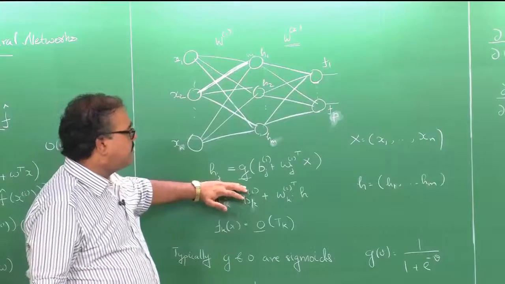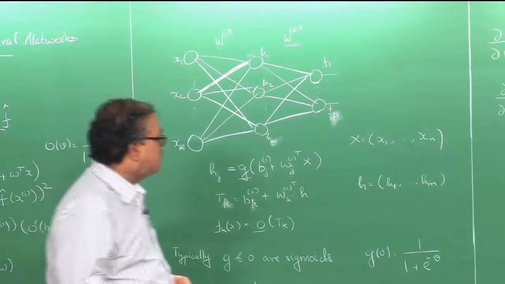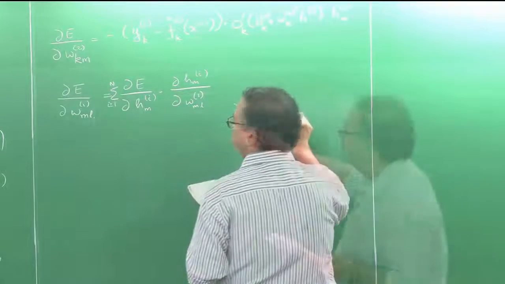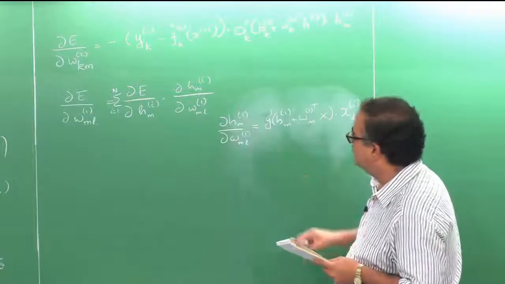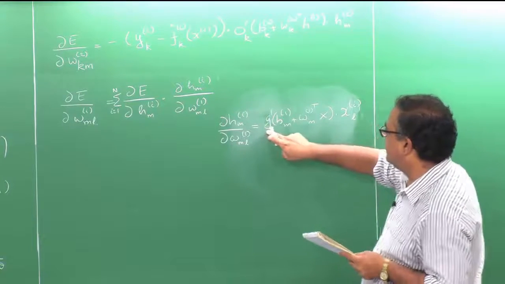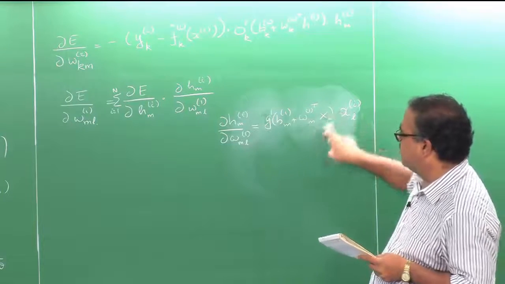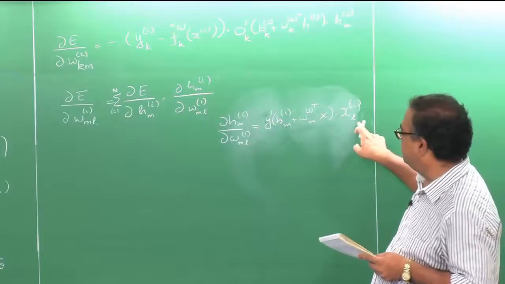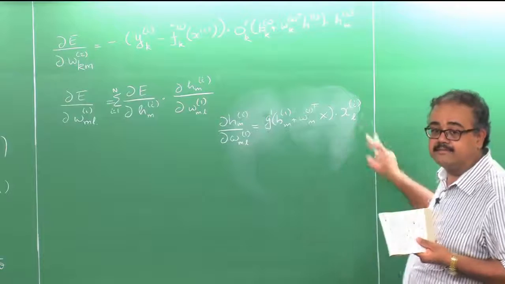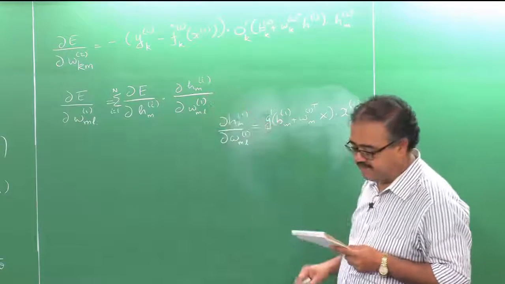If we take the derivative of this with respect to any specific w, we will essentially get the derivative of h_mi with respect to w_ml, which is the derivative of g times the derivative of this expression with respect to w_ml, which will just be x_li. So, this is the second term in the derivative.